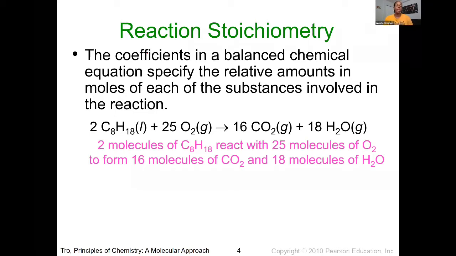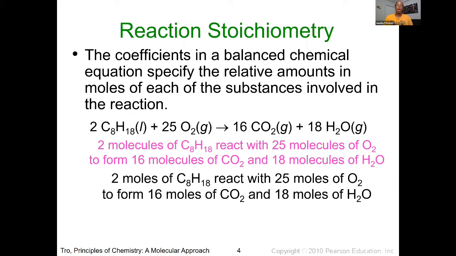In this case, where we have C8H18 reacting with oxygen to produce carbon dioxide and water, we could read this as 2 molecules of C8H18 reacts with 25 molecules of O2 to form 16 molecules of CO2 and 18 molecules of H2O. But we could also think about this, just like we did back in chapter 2, not as a molecule to molecule ratio, but as a mole to mole ratio.